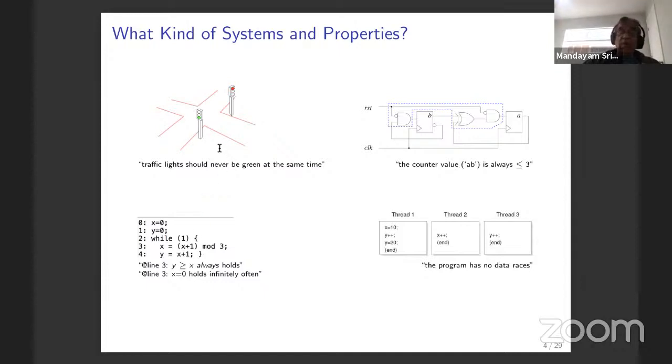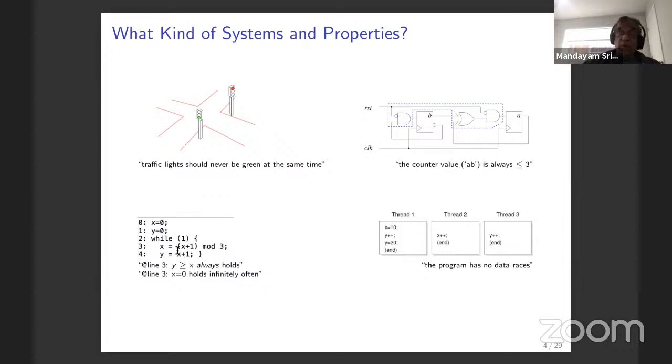As time evolves, the states change, in this case the color of lights. For the hardware system, the time is guided by the clock. As the clock ticks, that is the notion of time, and the values that the registers are holding change.